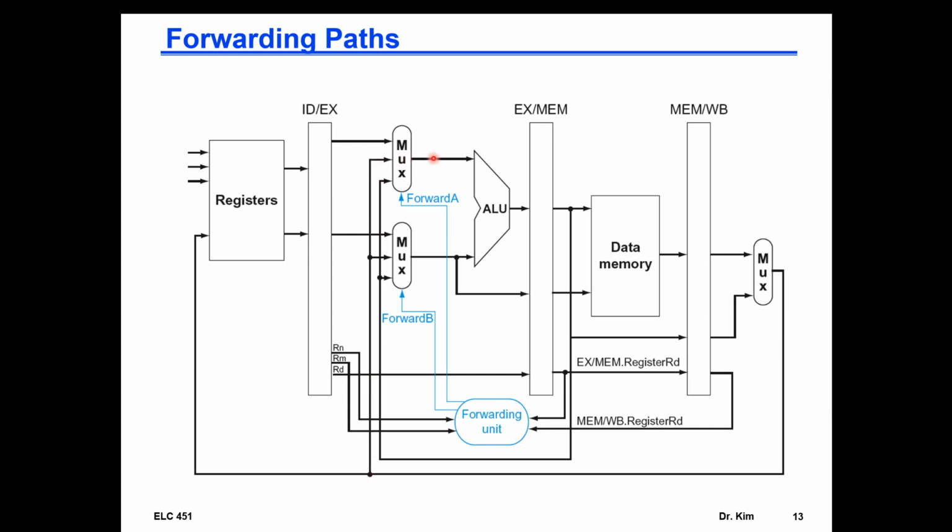So we forward this way. Or we can forward from the memory stage here. And that is if we forward into the first port of the ALU. So this path is your 1A, this path is your 2A.